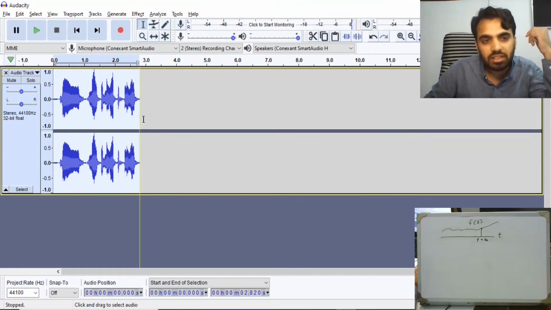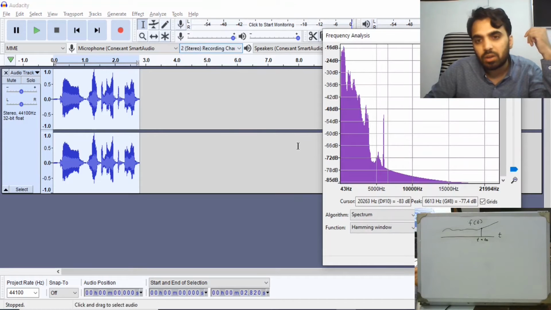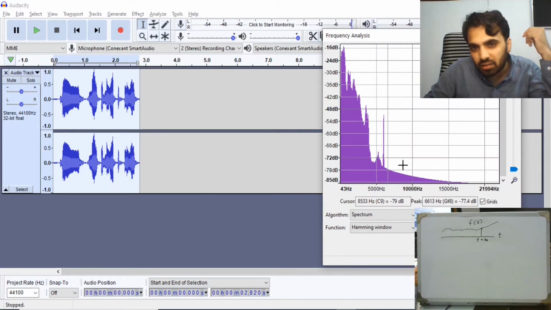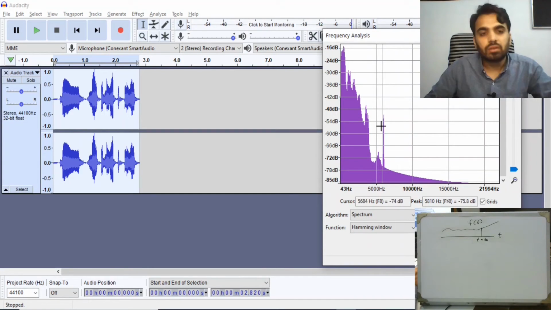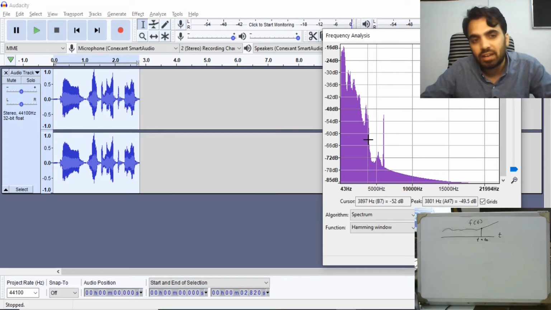You can observe the difference in the waveforms. If we again analyze using the plot spectrum, you can see that this peak has reduced considerably. So in short, we have suppressed the unwanted signal by means of a frequency domain analysis. We could not do it by means of the time domain or the time series signal, but we can do it in the frequency domain.